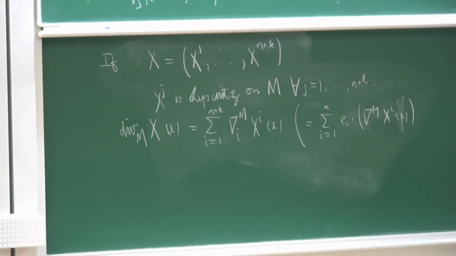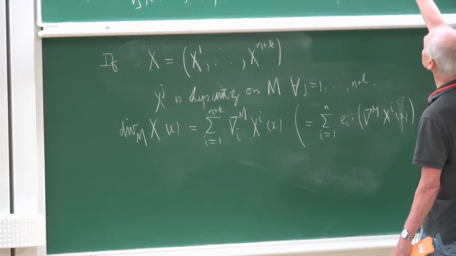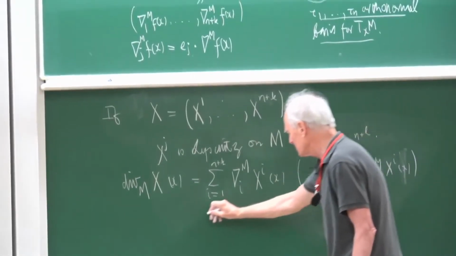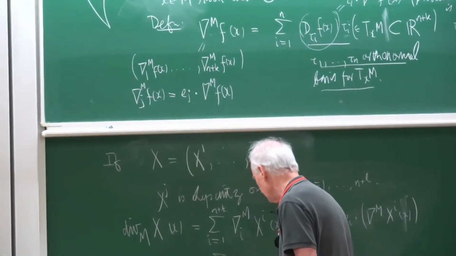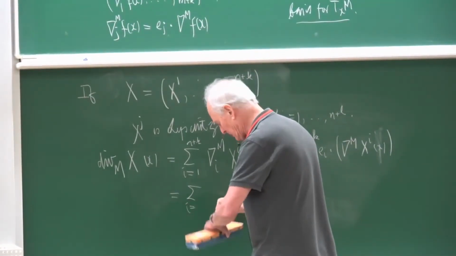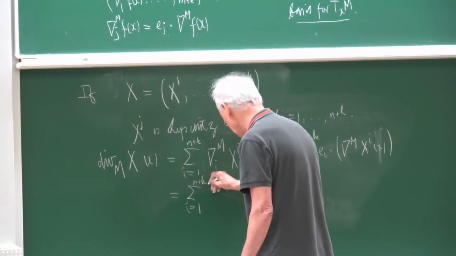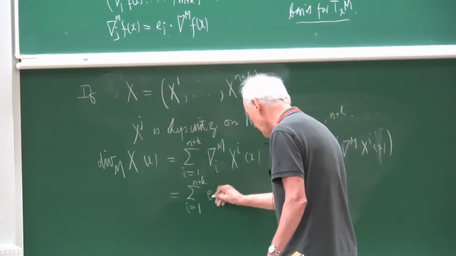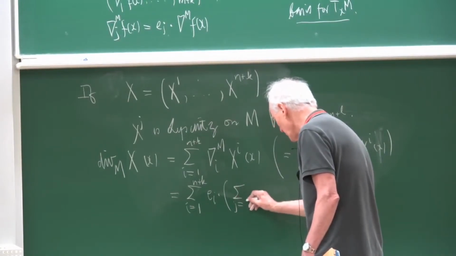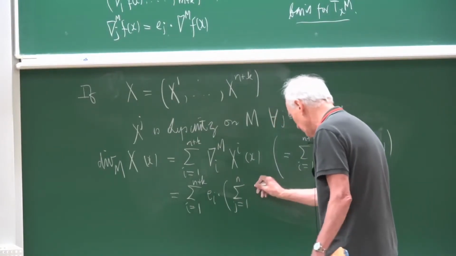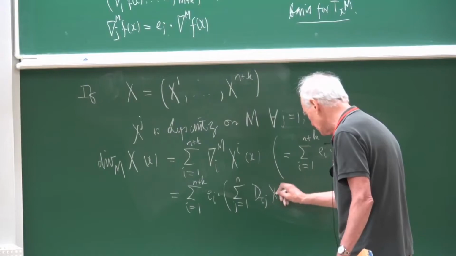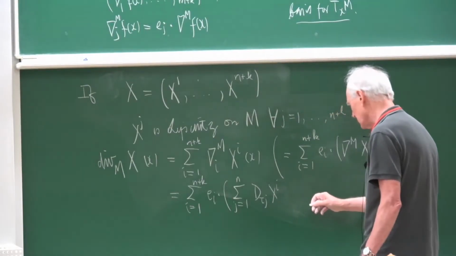Now the gradient of x_i we have by this formula here. So this can be written as the sum i equals 1 up to n+k, rather, not n, of e_i dotted with, now this is the sum j equals 1 up to n of the directional derivative of x_i in the direction tau_j times tau_j.